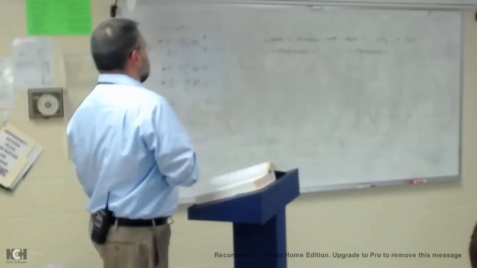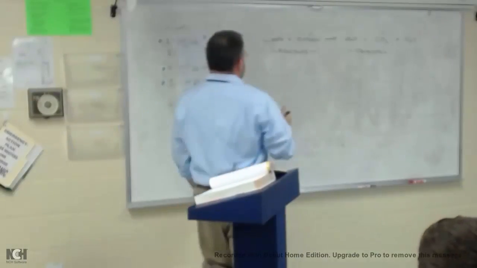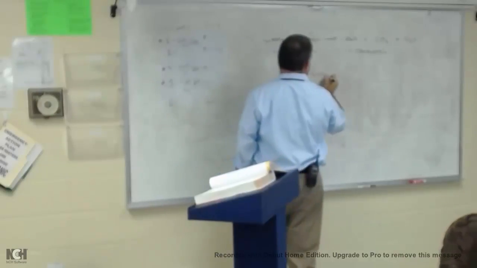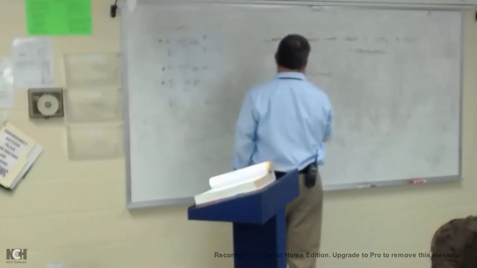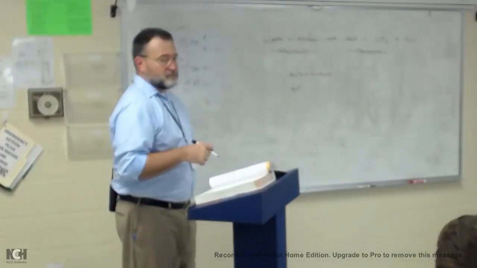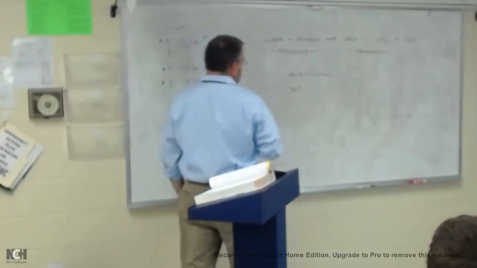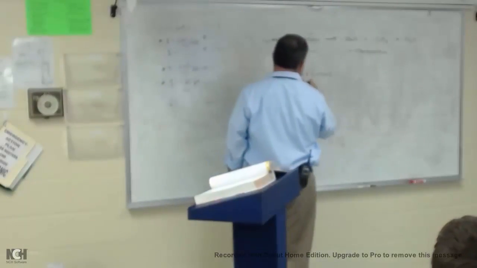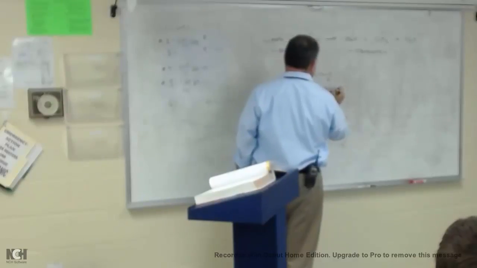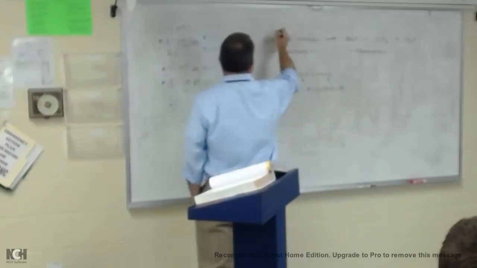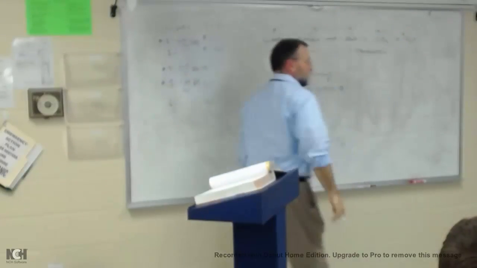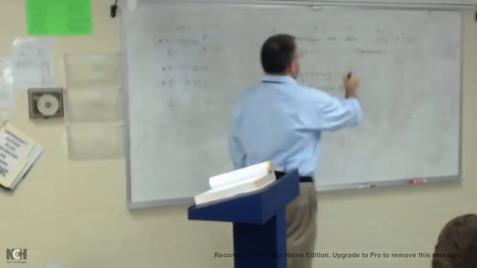So, let's say that we had a formula. A plus B equals C plus D plus E. A equals what? I'm going to subtract B from both sides. And so A is equal to C plus D plus E minus B. This is A, B, C, D, E. So I'm going to add the mass of my products.